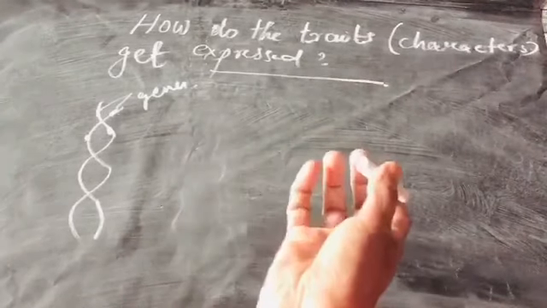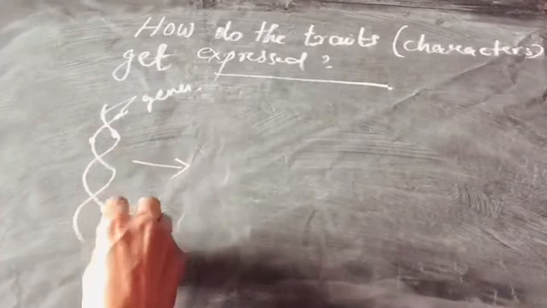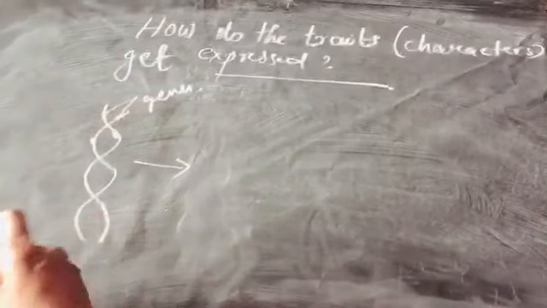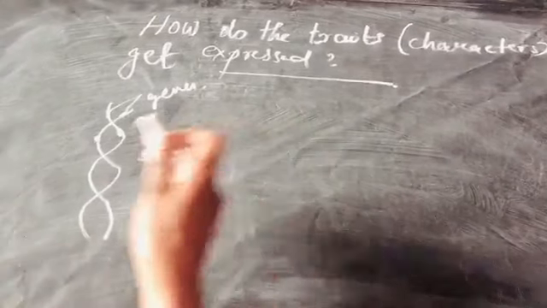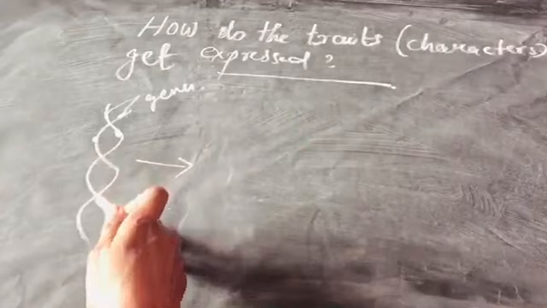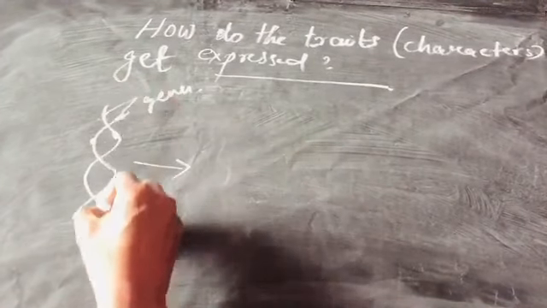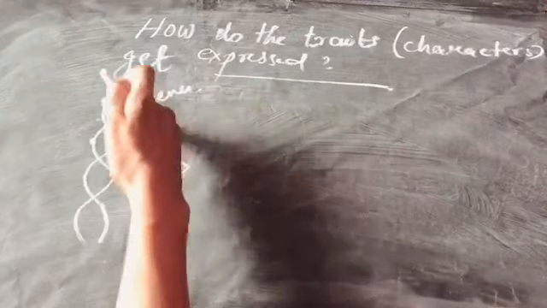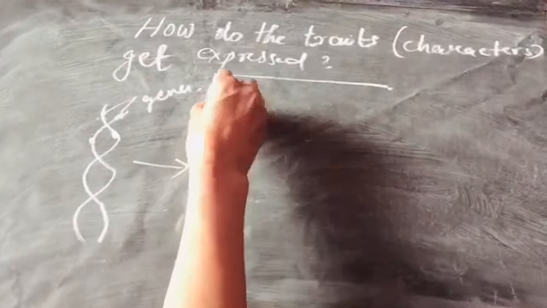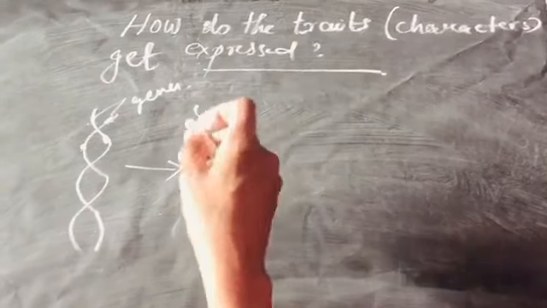So, as I said, the DNA strands need to be separated. Before, in DNA replication, you learned the DNA strands get separated by enzyme activities. Here again, the separation of these functional segments, the particular portions of the strands, takes place by the action of an enzyme.